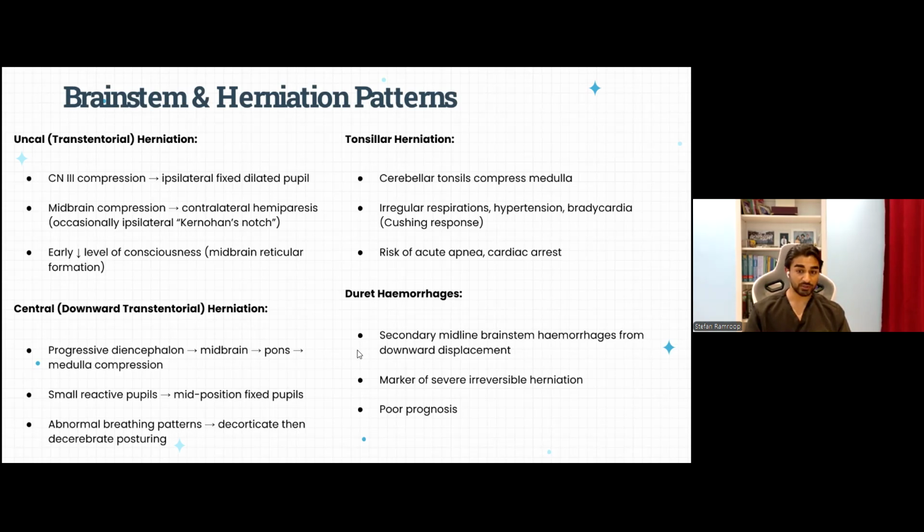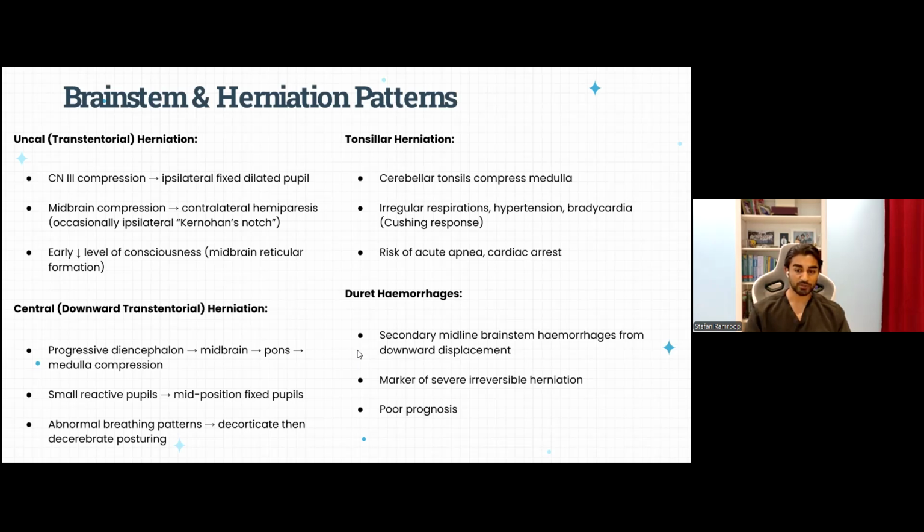Then you have central herniation or downward transtentorial herniation, which begins with diencephalic compression and progresses caudally. Initially, pupils are small but reactive. As the pressure increases, they become mid-position and non-reactive, and breathing patterns deteriorate. So you can get Cheyne-Stokes, then hyperventilation, and then apnea.